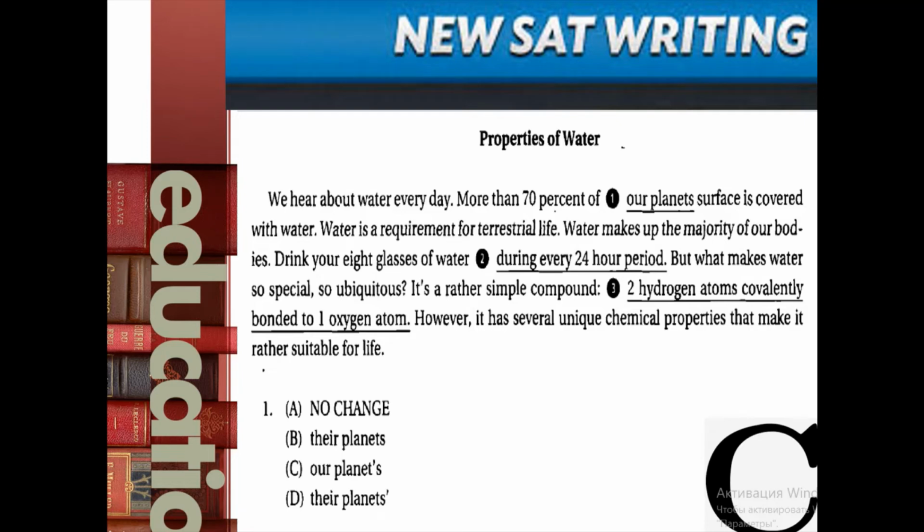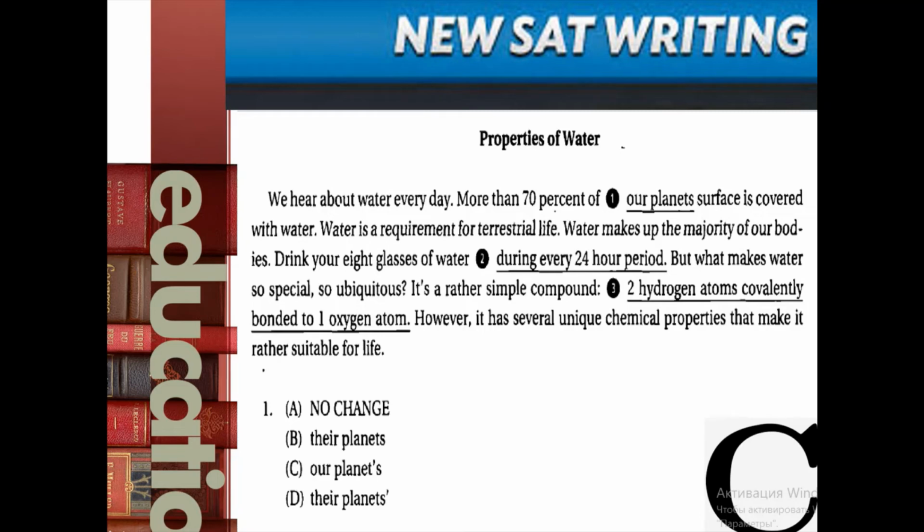A. No change. B. Their planets. C. Our planets. And D. Their planets. Here it is. C is our correct option. But how is that? In order to be consistent with the use of we in the previous sentence, you should use our. You can therefore eliminate choices B and D. They are planets.